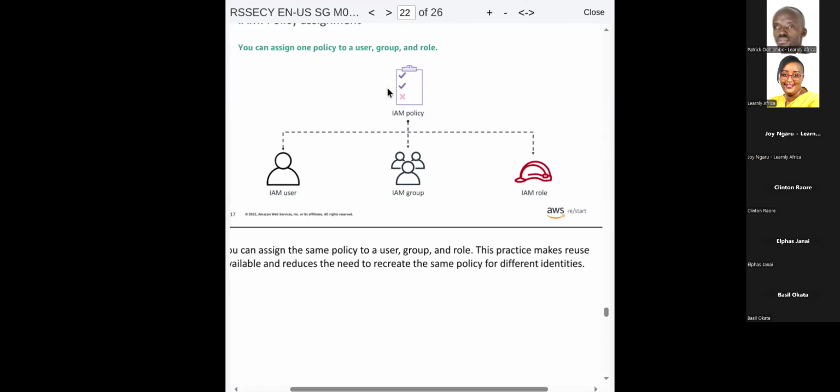Remember, guys, we said these are documents, and they show what a user, a role, or a group is allowed to do or is denied to do. Okay, you can assign the same policy to multiple users, to multiple groups, to multiple roles, and this ensures that your policy is reusable.